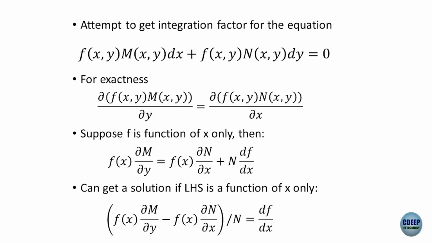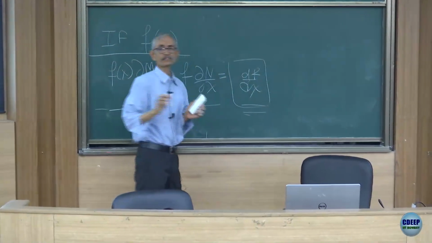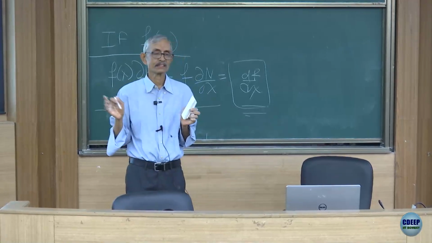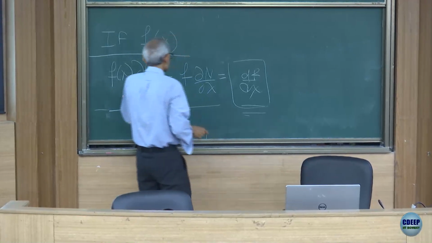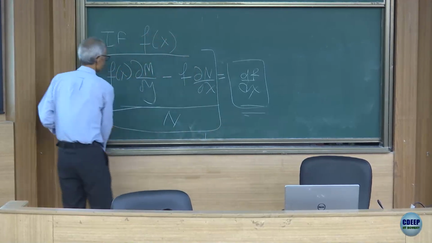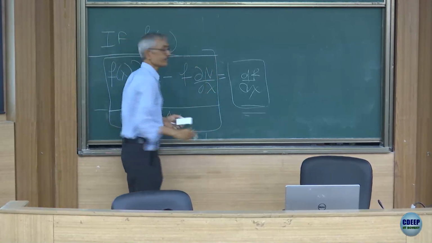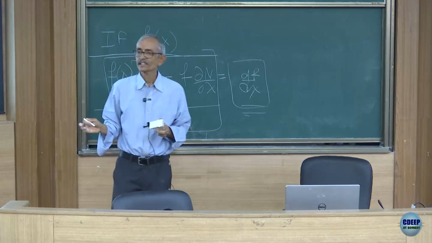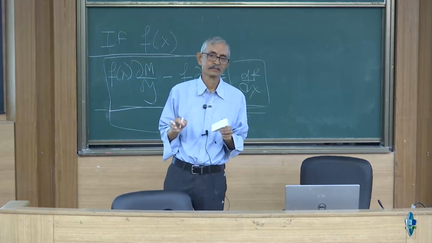And if we can, what is the right hand side? Right hand side is df dx. And what is the hypothesis? Or what is the assumption? f is a function of x only, which means what is this side here? This is a function of x only. If this whole junk here is a function of x only, then I have some hope.